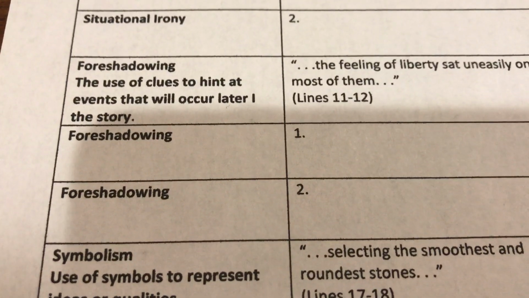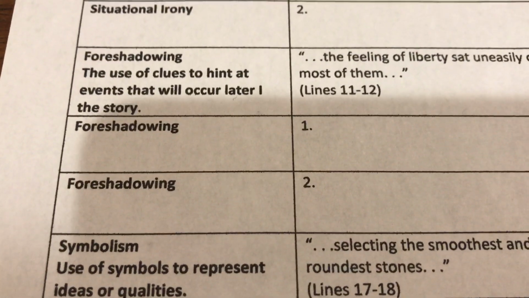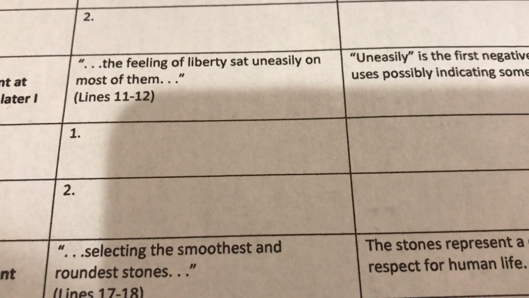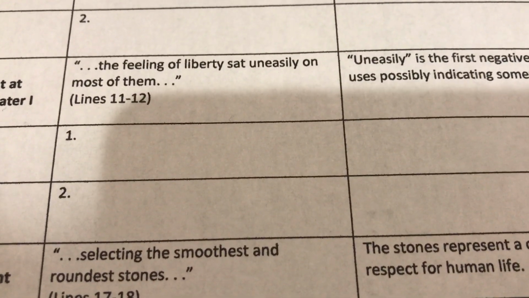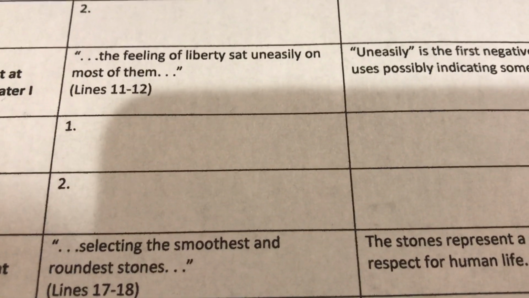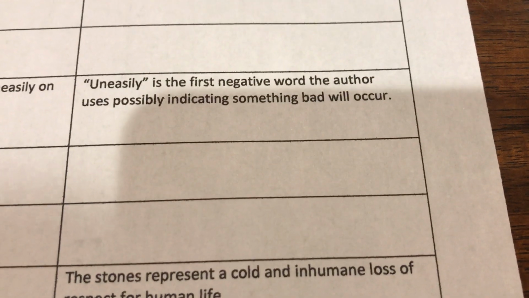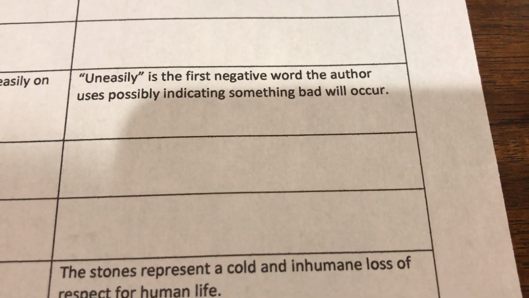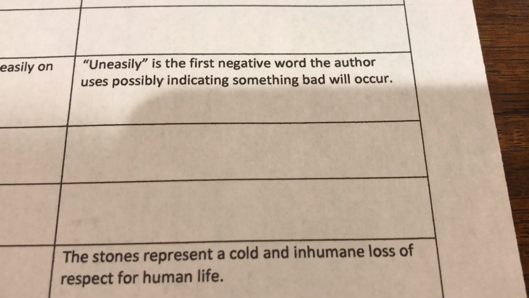For foreshadowing, the use of clues to hint at events that will occur later in the story. Okay, so we have here for the example, "the feeling of liberty sat uneasily on most of them." Liberty being freedom, right? So uneasily is the first negative word the author uses, probably indicating something bad will occur.